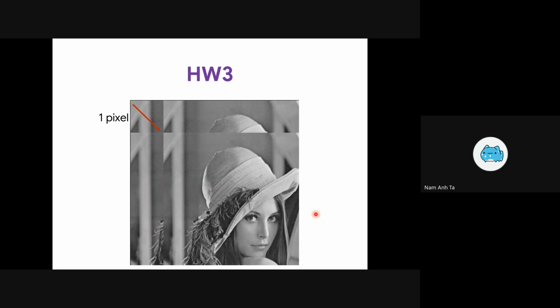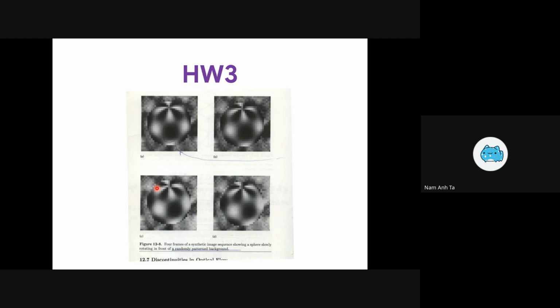You shift 1 pixel like that. This will be your second frame, and this is the original one. For example, like this. This is just an example, not the homework result. For example, you will have an optical flow map, which is a set of vectors like this.